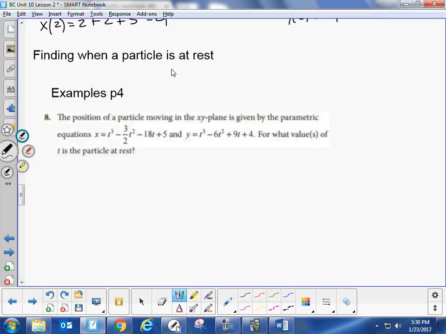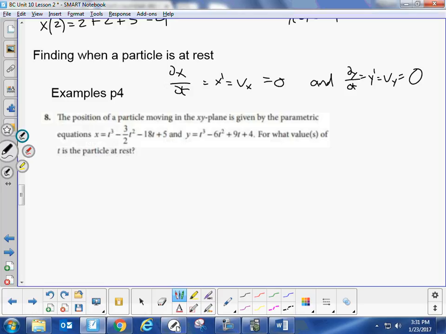So you need dx dt or x prime or v sub x to equal 0 and dy dt or y prime or v sub y has to equal 0 at the same time. If they're both not 0, then the particle is not truly at rest if we're moving in two dimensions, okay? Because we can be moving up or down, but not left and right, and you're moving. You could be moving left and right, but not up or down, and you're moving. You got to be stationary in both directions.